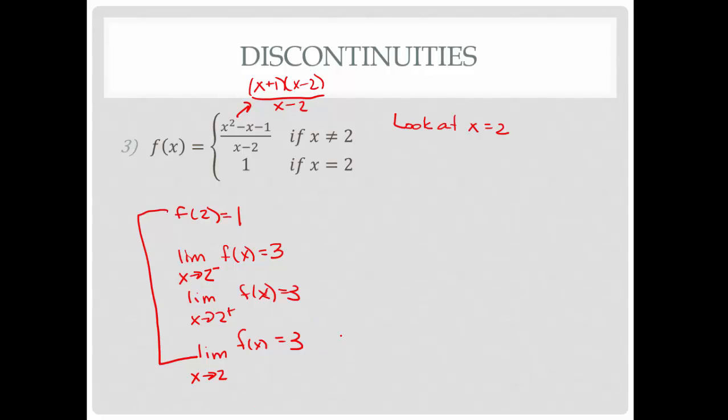So the limit exists, f of 2 exists. However, they are not the same value. So we do have a discontinuity at x equals 2, but specifically, what kind of discontinuity do we have? This one is a removable discontinuity. So we have a removable discontinuity at x equals 2.